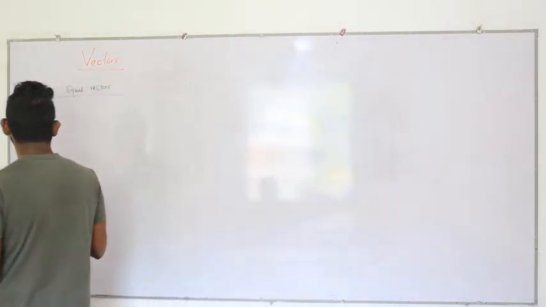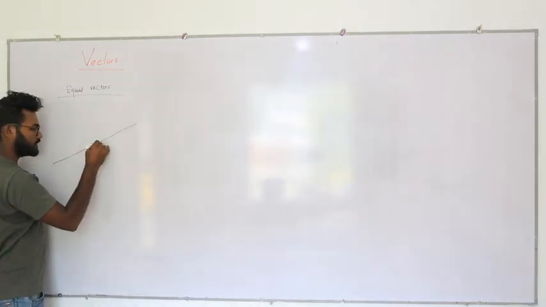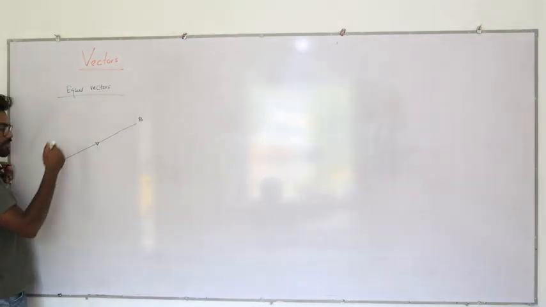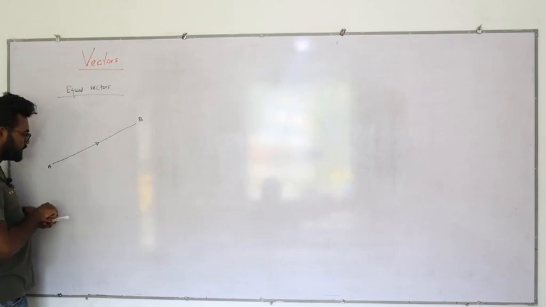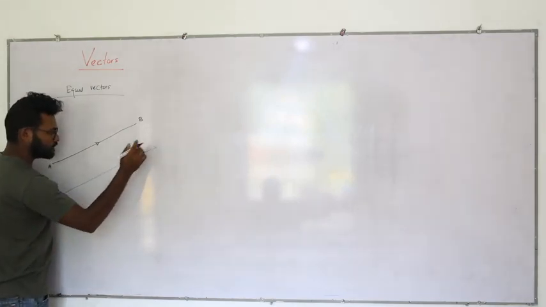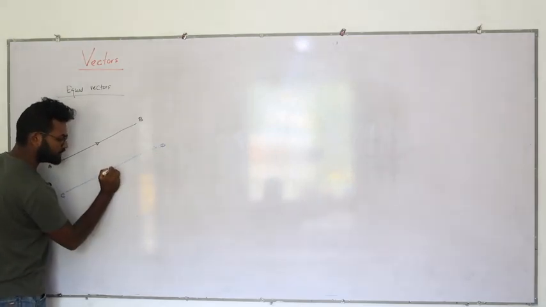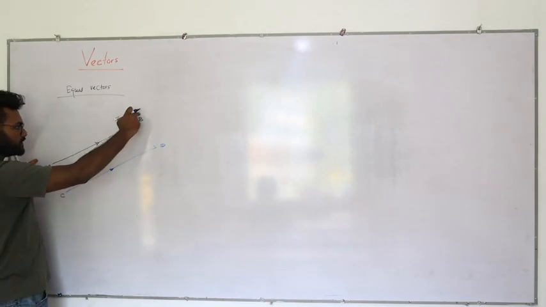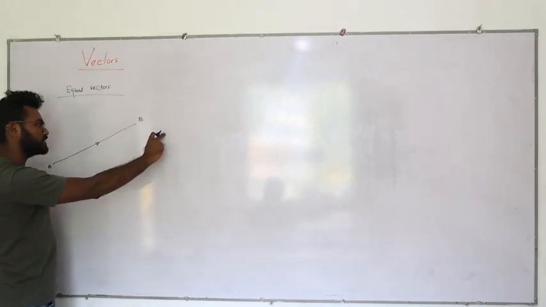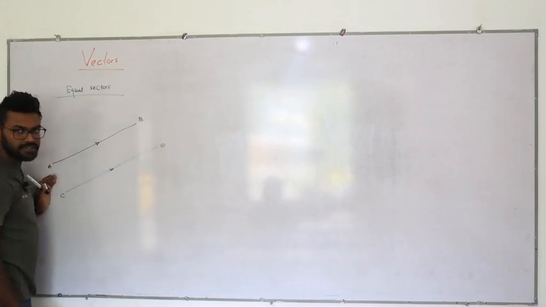Okay, so it's like this. Let's say I have one vector like this. I can name it A and B, acting to this side. And I have another vector CD, which is also acting to that side, and the length of this line is equal to the length of this line, which represents that the magnitude of AB is equal to the magnitude of CD.